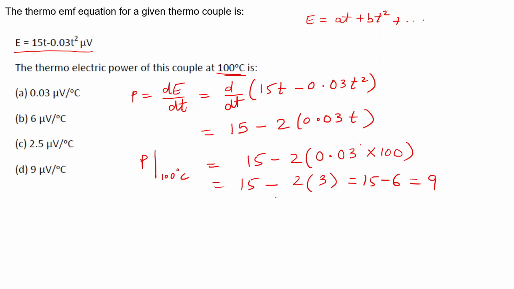It will be 9. This was in microvolt, so microvolt per degree centigrade. Yes, 9 microvolt per degree centigrade is the correct answer.